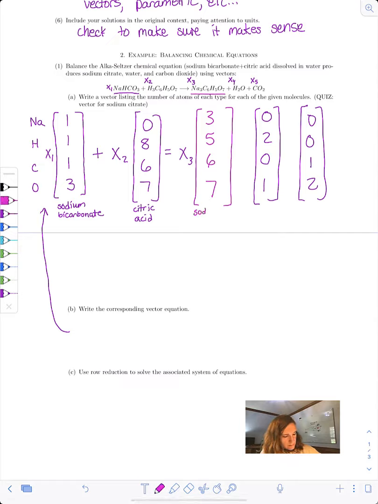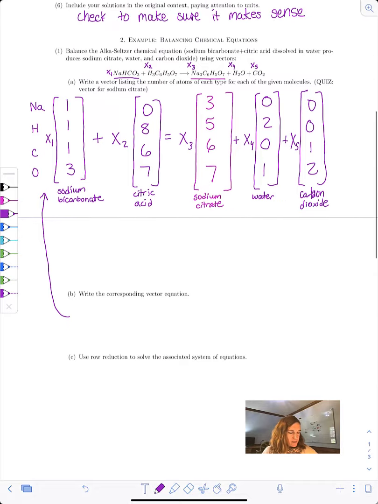This is sodium citrate. And then we also have water and carbon dioxide. So we have x3 times our sodium citrate plus x4 times our water plus x5 times our carbon dioxide. So that's our vector equation.